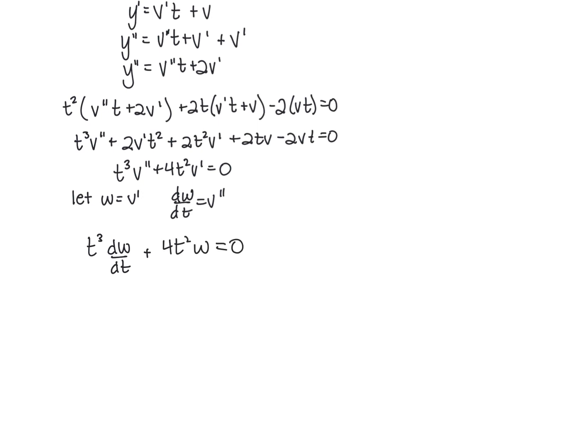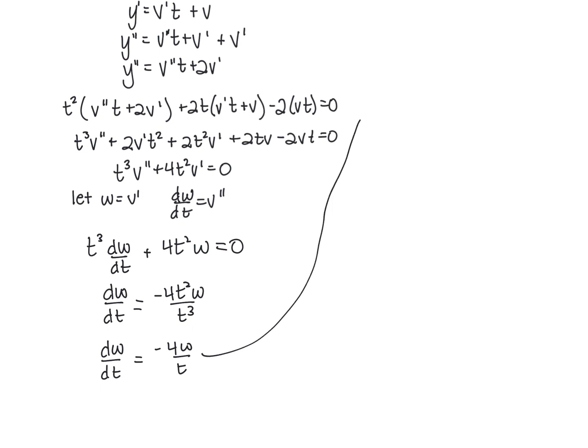So I'm going to separate everything as much as I can. I get dW/dt equals negative 4t squared W over t cubed, which is negative 4W over t.